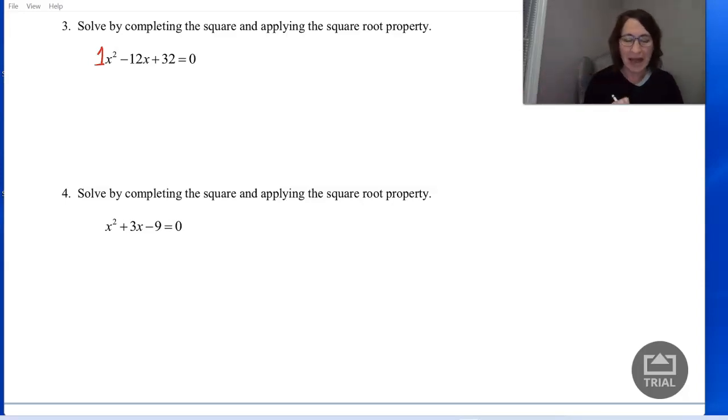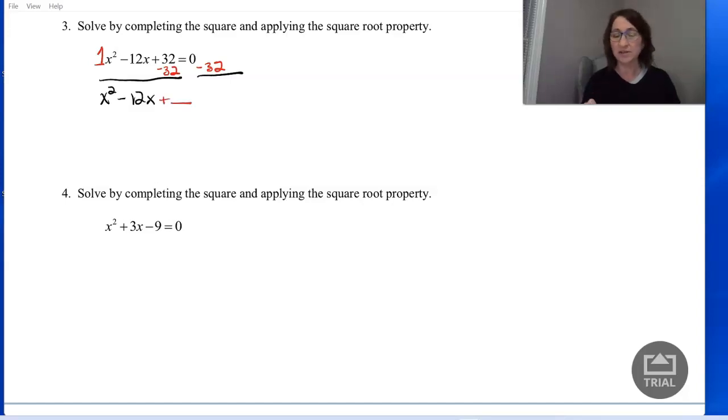Super simple. I am just going to subtract 32 from both sides. And so then I am left with my variable terms on the left. So x squared minus 12x. I'm actually going to put a plus a blank just as a placeholder.